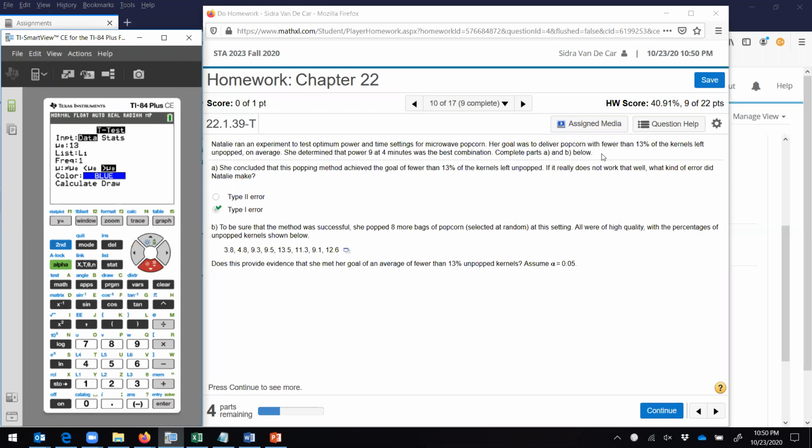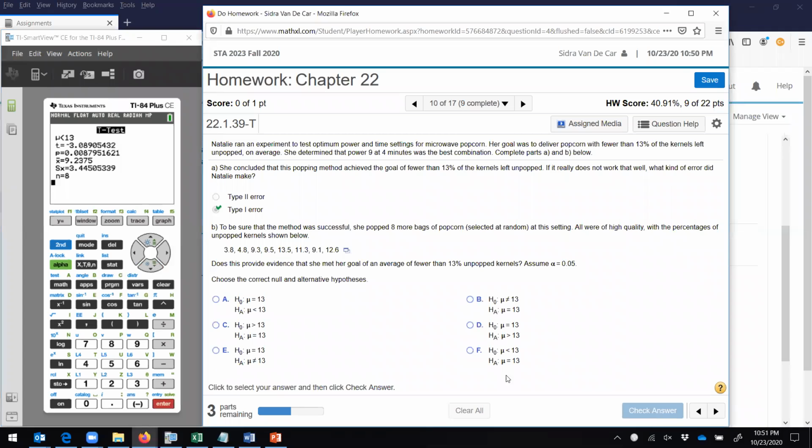She wanted fewer than, so that should be less than. So our null hypothesis is it equals 13. Our alternative is less than 13.